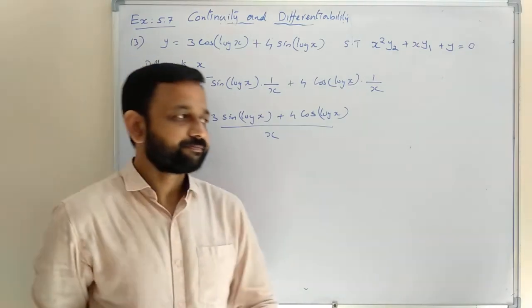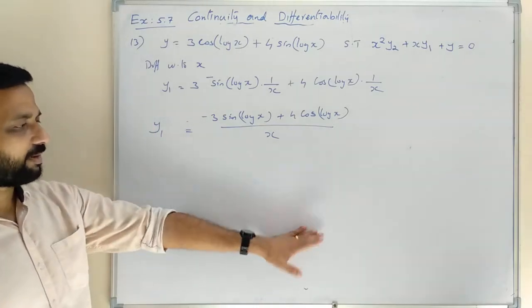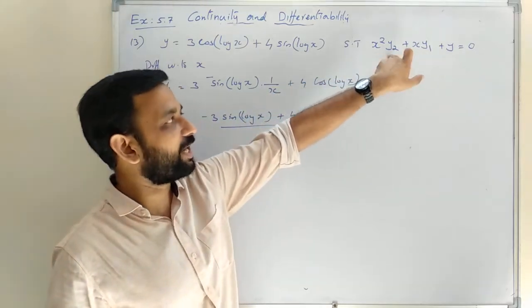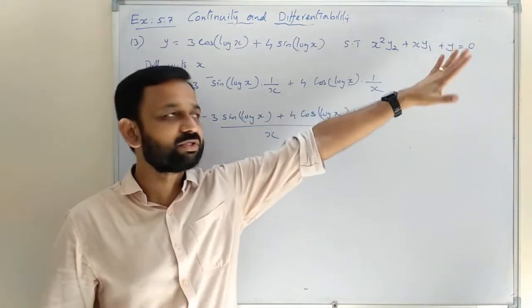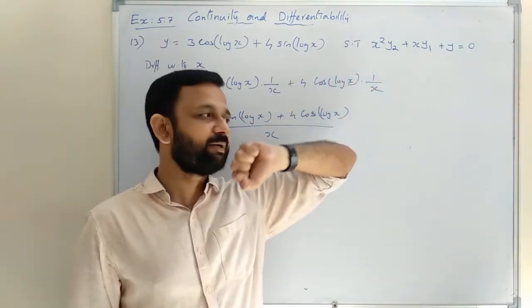So here we got y1, then y2 we can find, the quotient rule we will apply, then y1 and y2 we got, then we can replace y1 and y2 there and y also, then we will simplify, we will get a 0. That is one method.